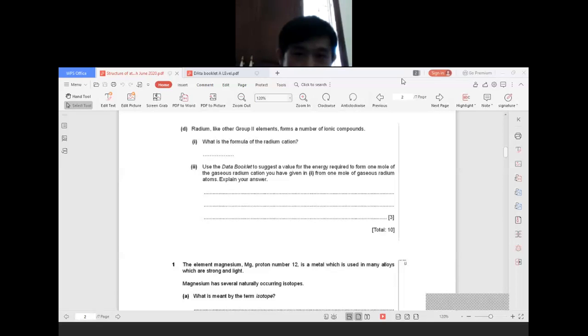And then D2. Use the data booklet to suggest a value for the energy required to form 1 mole of gaseous radium cations from 1 mole of gaseous radium atoms. Let me ask Natasha.